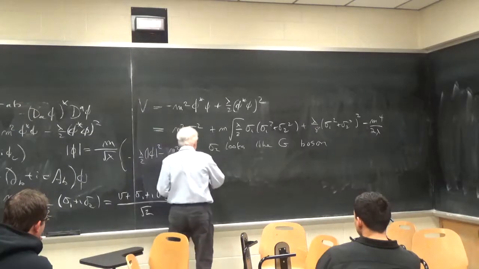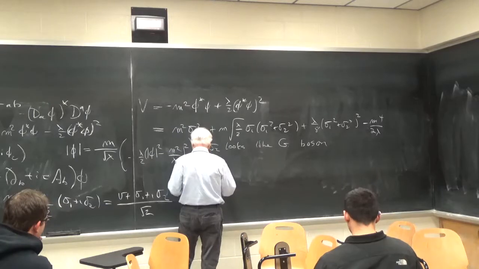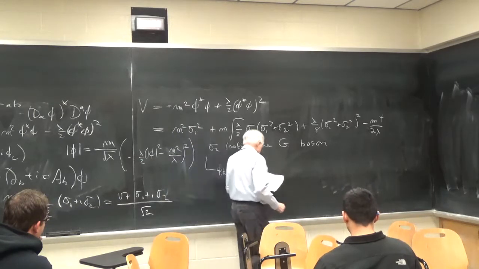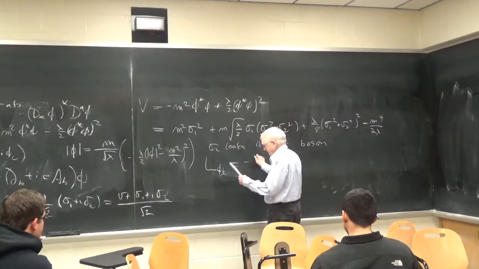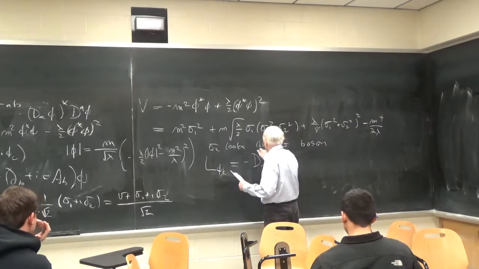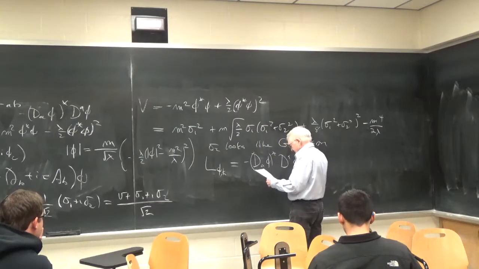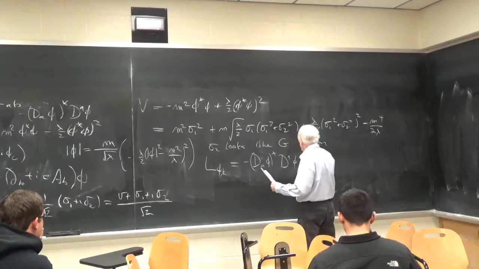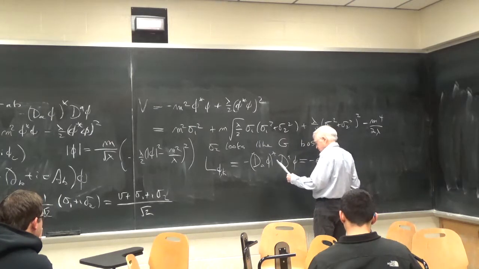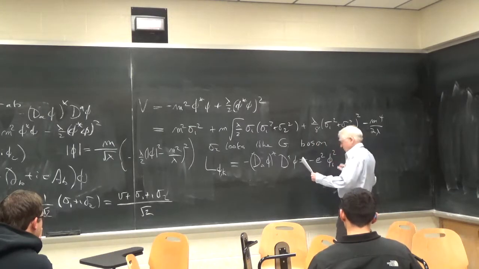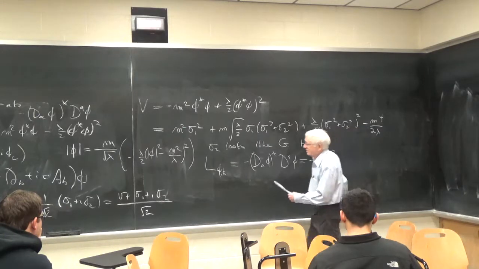In particular, the kinetic part of the action, namely D_A phi star D_A phi, after a considerable amount of arithmetic, which I hope is correct, we get phi 0 squared. I did call that phi 0, didn't I?